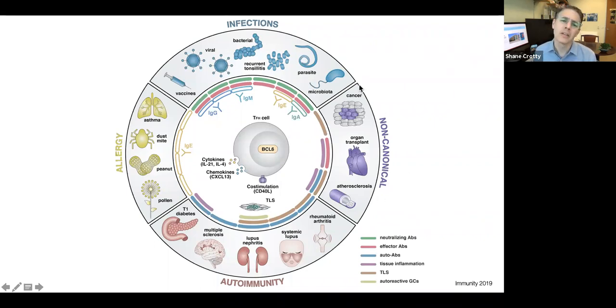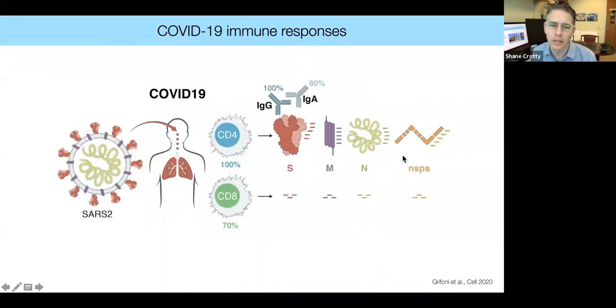And so given those diverse roles of TFH cells in different biomedically relevant diseases, we've wanted to know more about how TFH are regulated, and one of the things that's been central to that is that Bcl-6 is the transcription factor that's required for essentially all TFH cells and germinal centers.